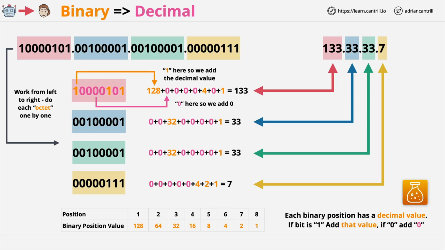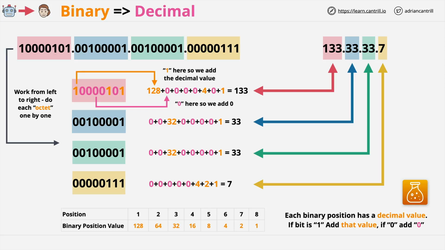The same is true in the third component, and in the fourth component, there's a 1 in position 6, 7, and 8, which represents 4, 2, and 1. So we add 4, 2, and 1 together to get the resultant value. So if you follow that process bit by bit for each 8-bit component of the binary IP address, then you will end up with the dotted decimal version of the IP address, which is exactly what we've done here.